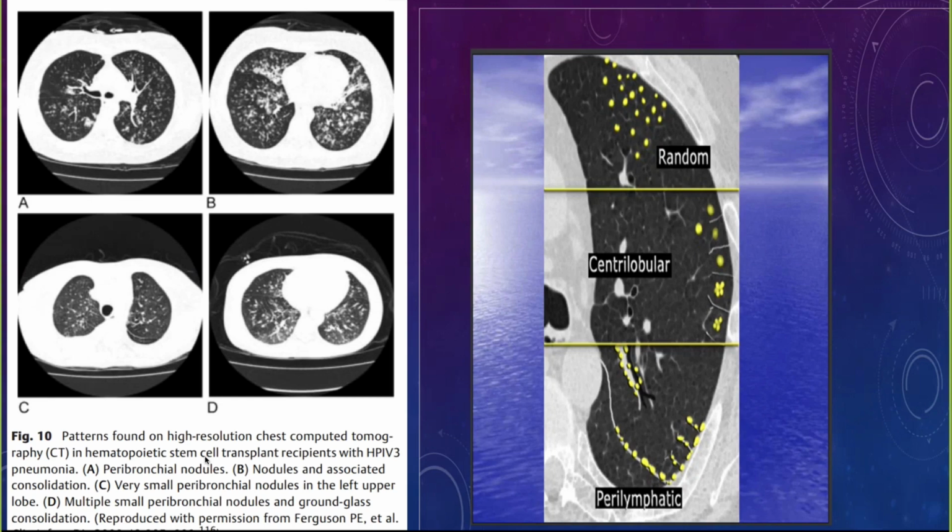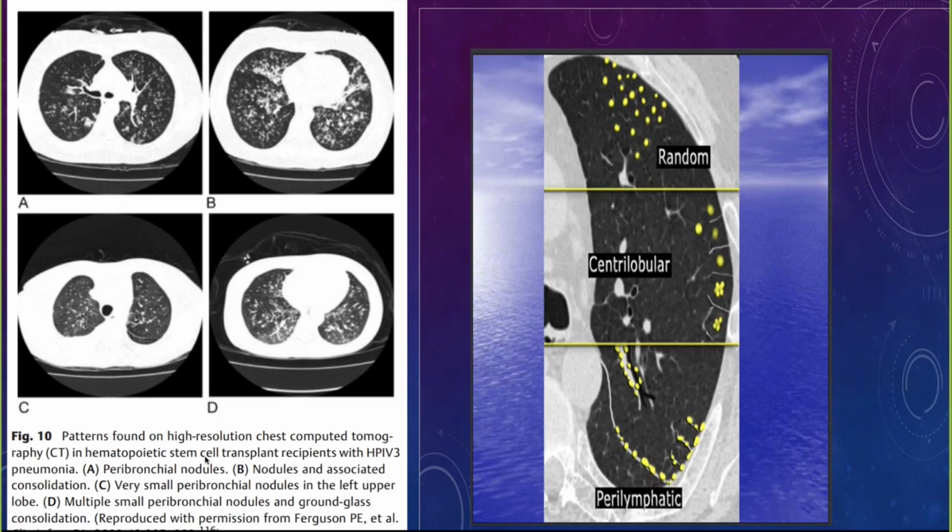So, for example, this patient above has peribronchial nodules. You see all of these nodules around here. If you look over here, those are more like random nodules. And then here in figure B, you see how those nodules coalesce all together, causing kind of a consolidation, semi-consolidation.